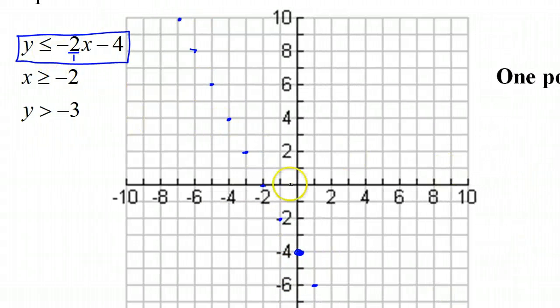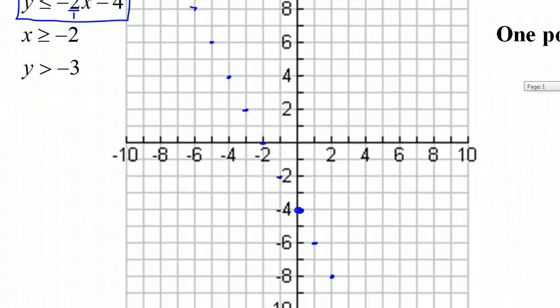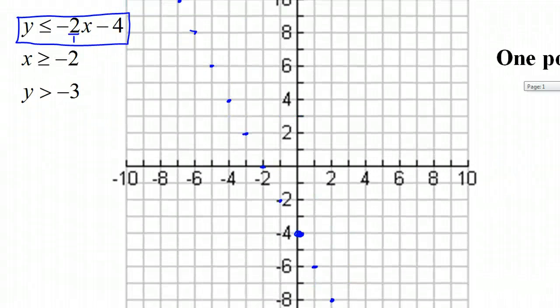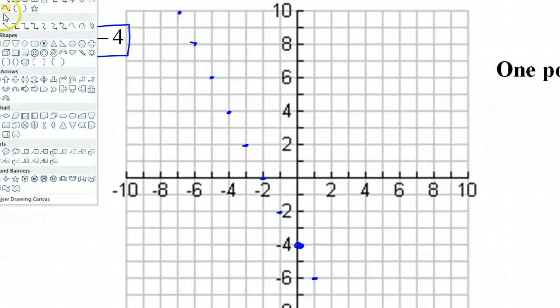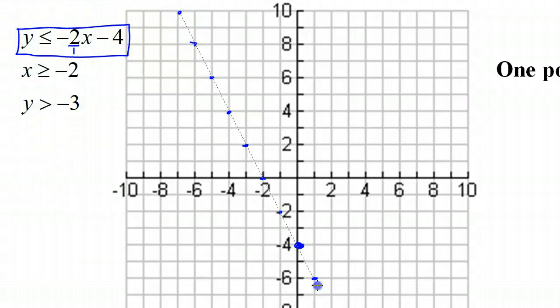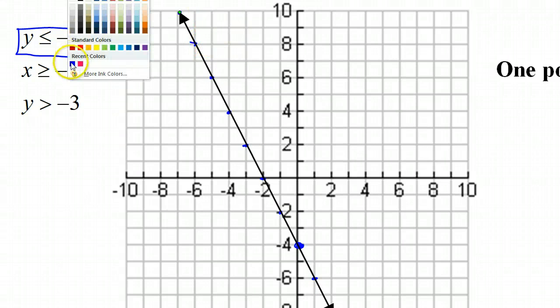So this does have the or equal, so we will definitely use a solid line. So it'll be like this. Okay, solid line. Now, let me make it blue so it matches.